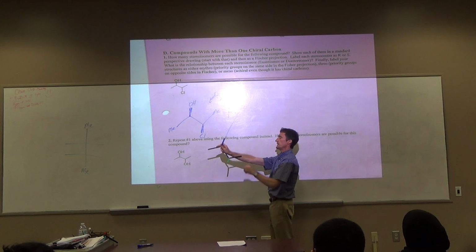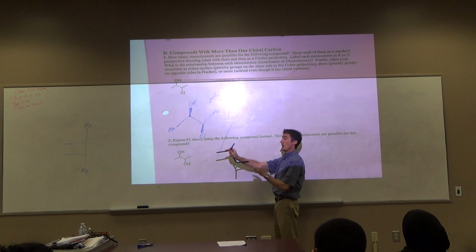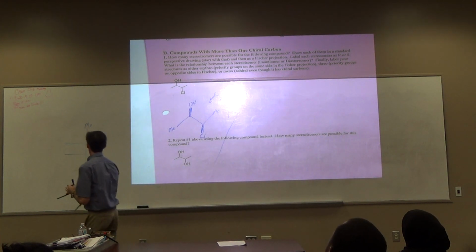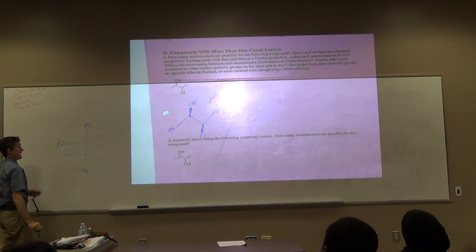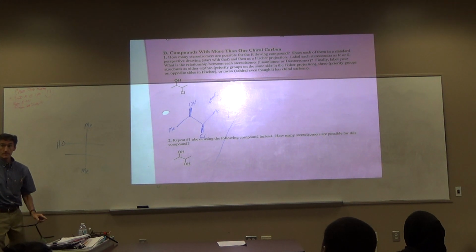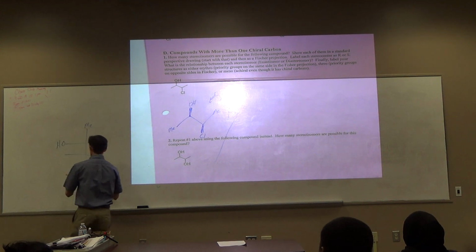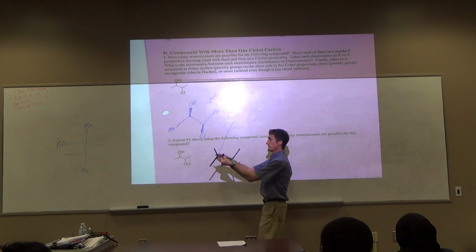What side's the OH on? It's coming towards you. If I'm over here, that's to my left. With the methyl going away, the OH is on the left, because in the Fischer, things at top and bottom are implied to be going away. Now by default, what's on my right?